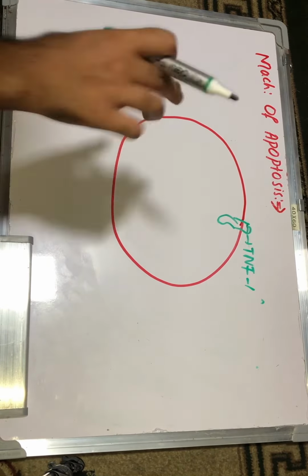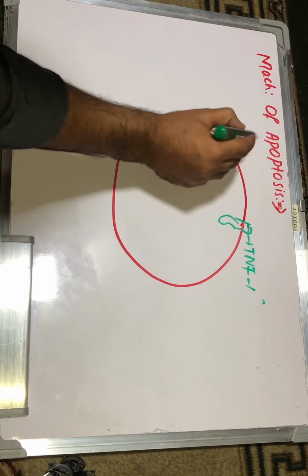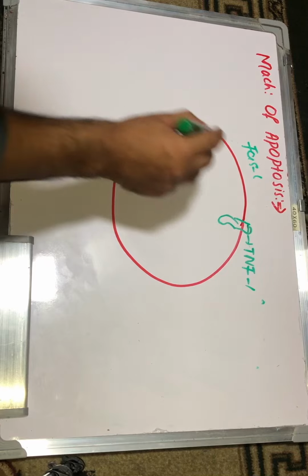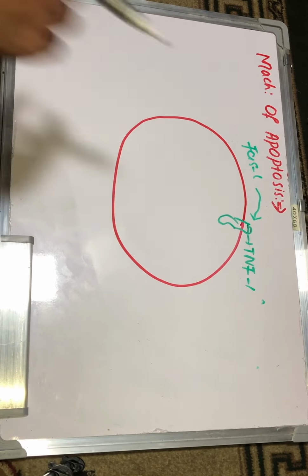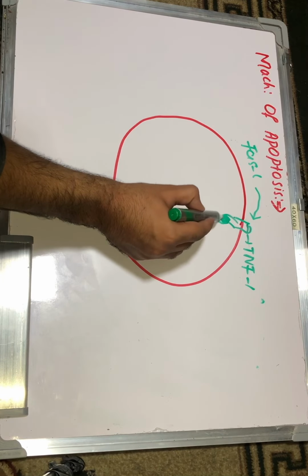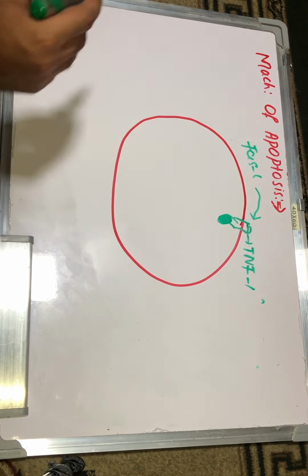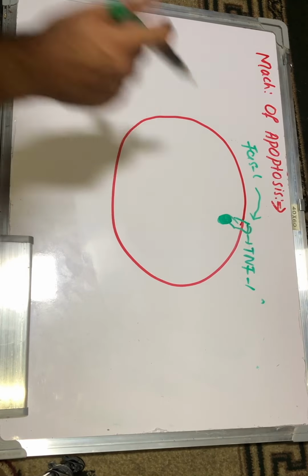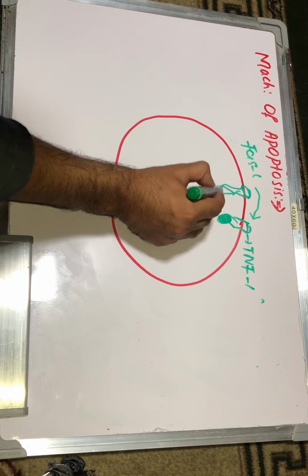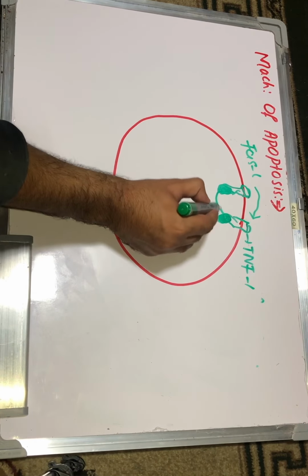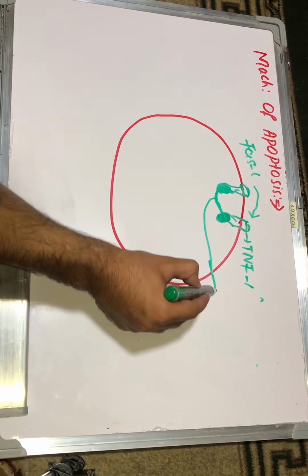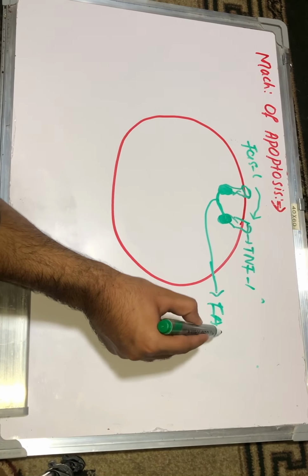When there is injury or any type of toxin, the Fas ligand present on the T cell will combine with the tumor necrosis factor 1 receptor. When it combines with this, the intracellular death domains of tumor necrosis factor 1 make a cluster, and that cluster is called FADD.